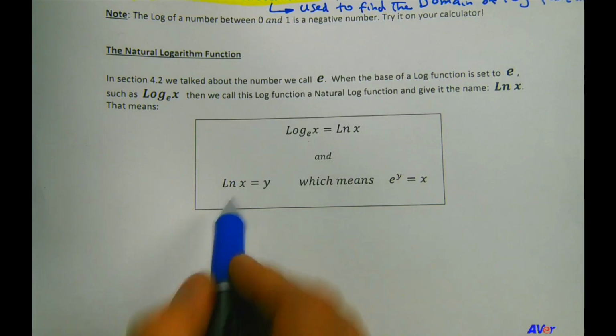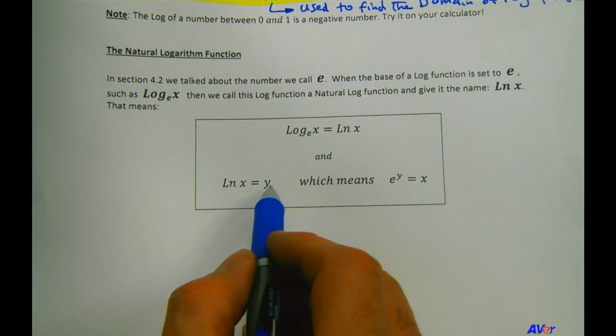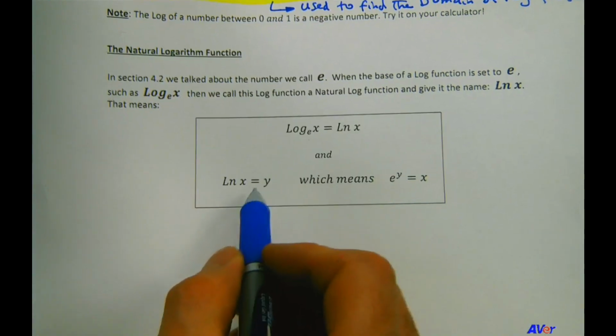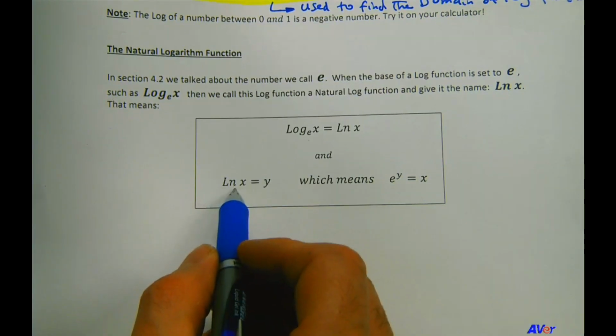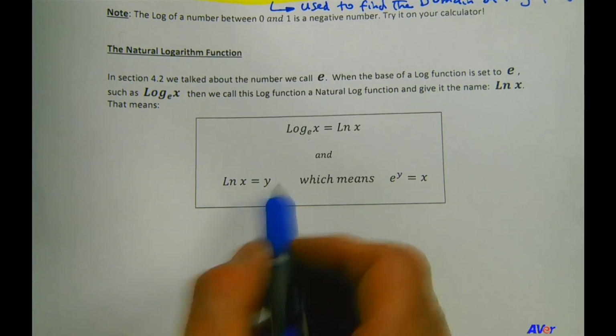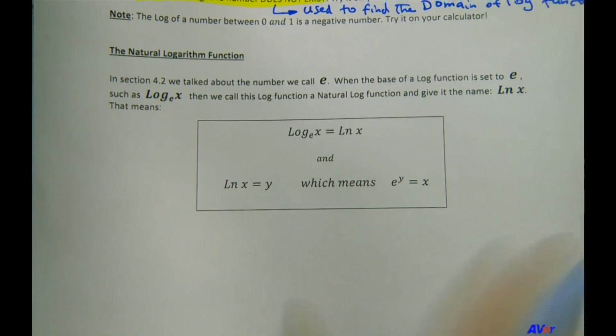Okay? Notice that, as usual, the natural log generates an exponent. In this case, y is the exponent. If that's the exponent, what is the base? The base is e. For the natural log function, the base is e. So e to the y power equals x as the result, as you can see here.